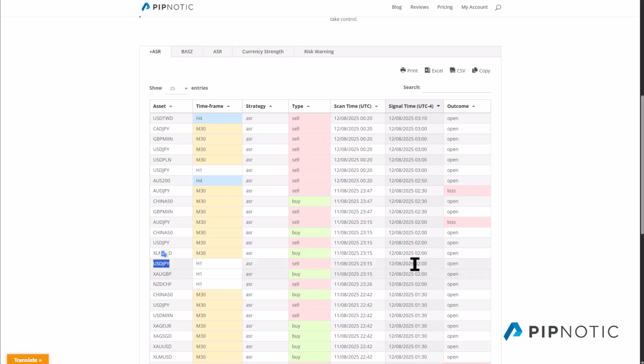This was qualified at 2 o'clock. We have this one here, also at 2 o'clock. It kind of keeps ringing. Here we had one at 3 o'clock, and here we had another at 3 o'clock. This is just telling us that the dollar Japanese yen is continuing to move higher.